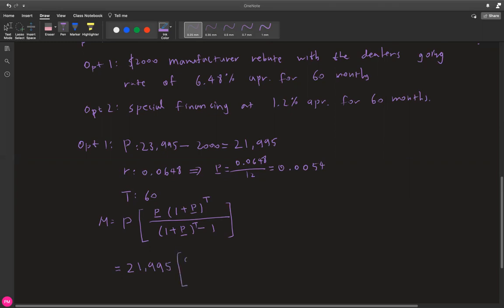The periodic interest is 0.0054, and you're multiplying with 1.0054 to the power of 60, and you divide that by 1.0054 to the power of 60, minus 1.